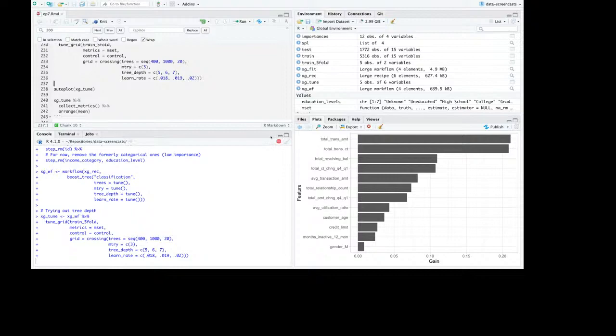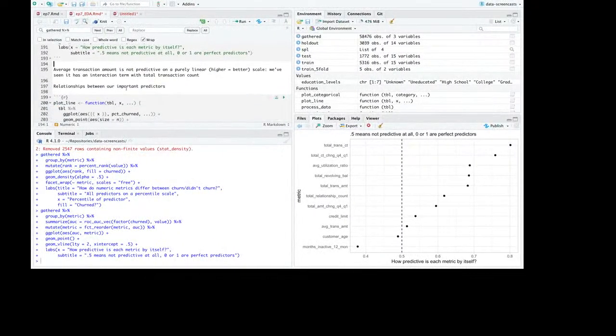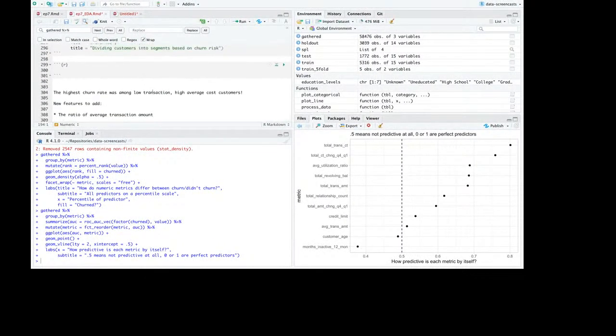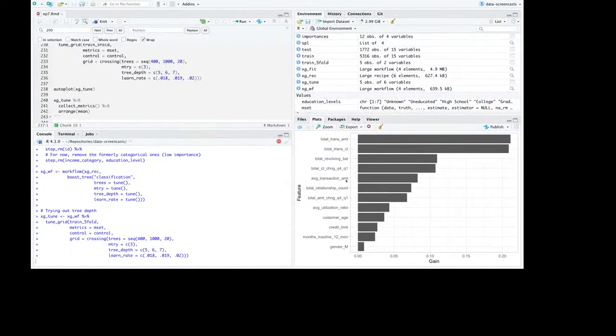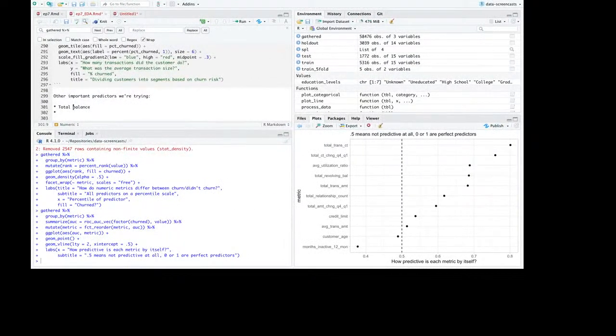All right. So other important ones to try. Total balance, total revolving balance.